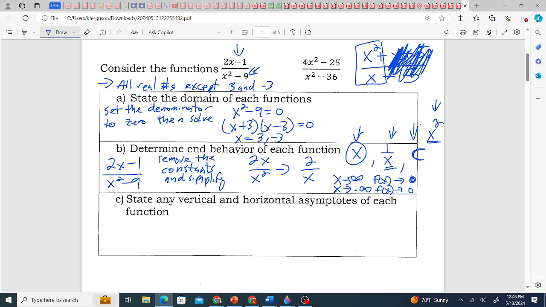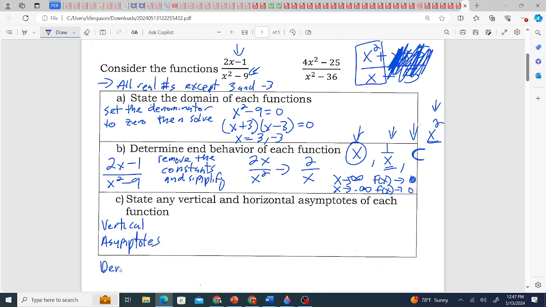Okay, state the vertical and horizontal asymptotes. So the vertical ones come from your denominator.